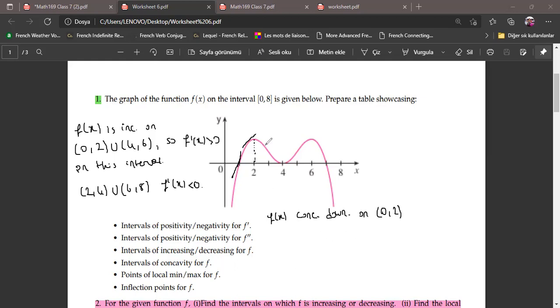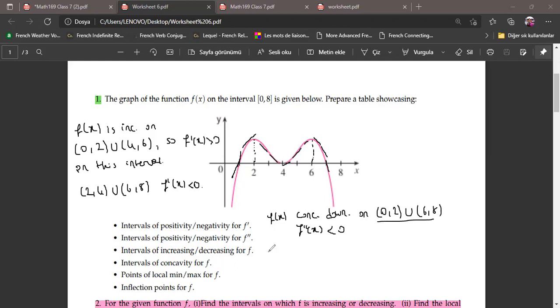Then it's upward, we see it's above the tangent lines, right? Then it's again downward. After 6, it's downward, so union 6, 8. So f double prime of x is less than 0 on this interval.